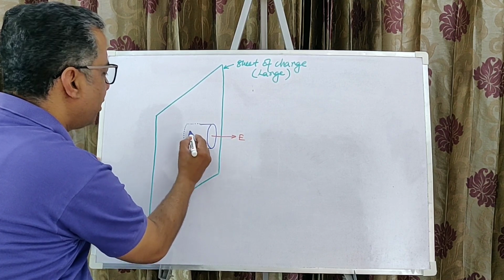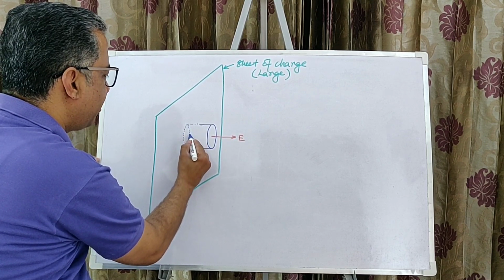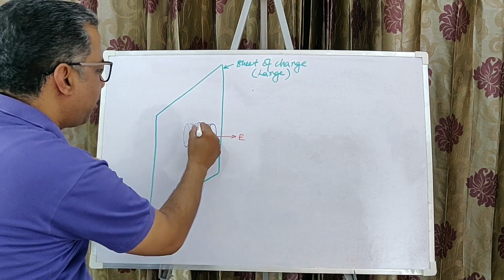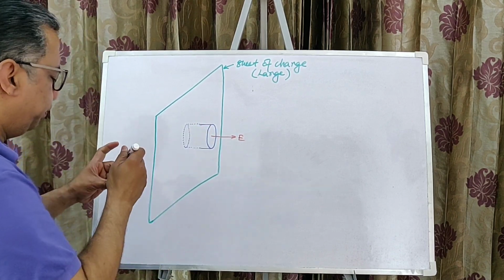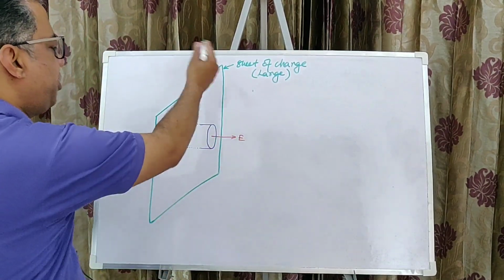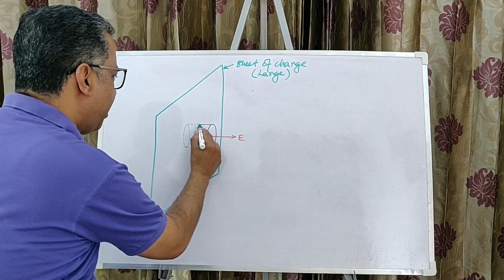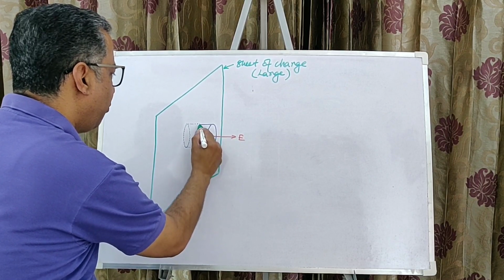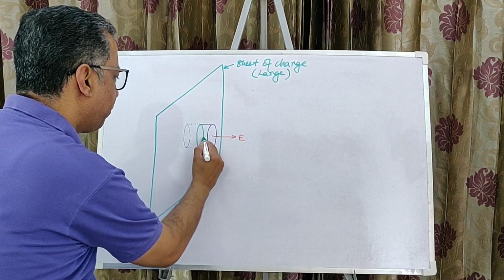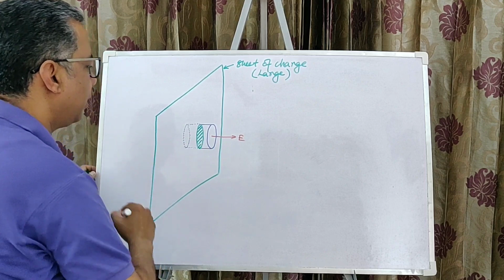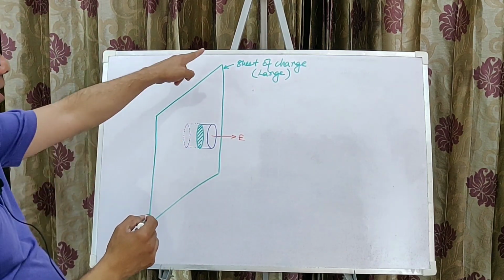This is the part which is behind this sheet of charge. Now, there is a part of the sheet that is enclosed inside this cylinder over here. This part. This is the part of the sheet.